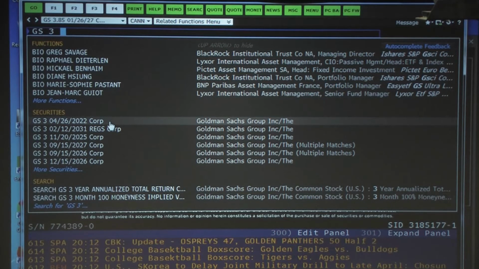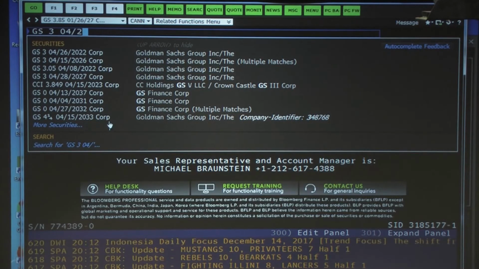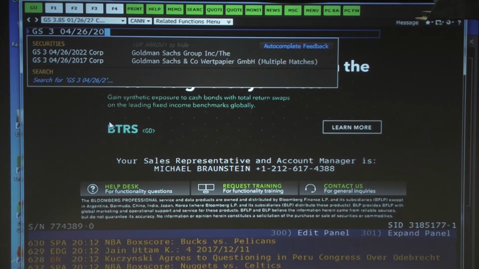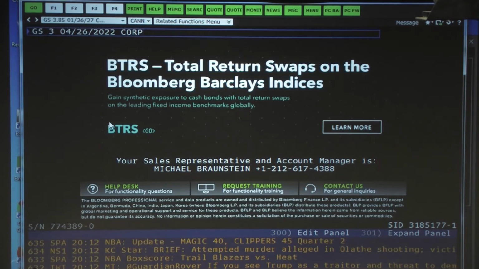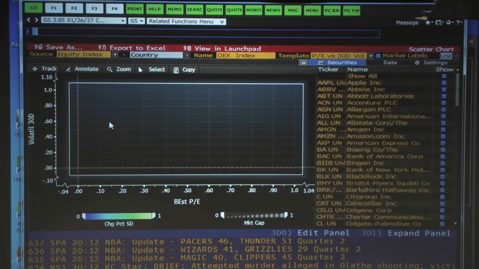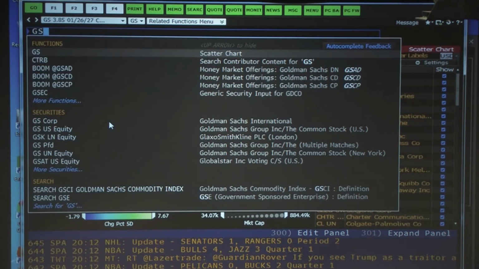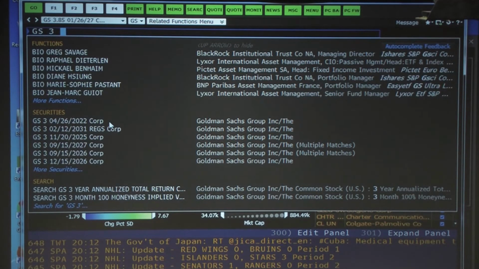So let's write out this function. 04-26-2022, and then we enter in the word corp. So if we enter this in, no, sorry, this is acting strange today.